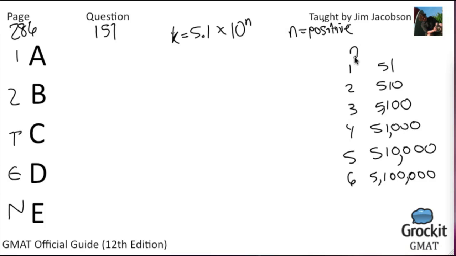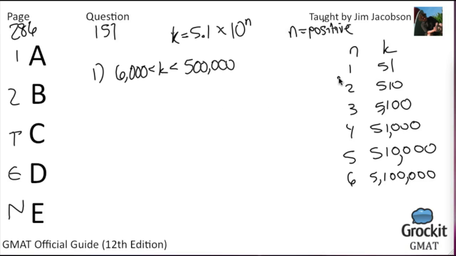So the question is, what is the value of k? In order to know what k is, we need to know what n is. And if we know what n is, we can use that chart. So statement 1 tells us that k itself is greater than 6,000 and less than 500,000. Well, this chart that we just came up with for k is going to help us a lot here.